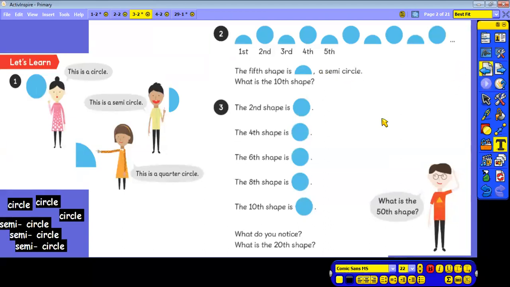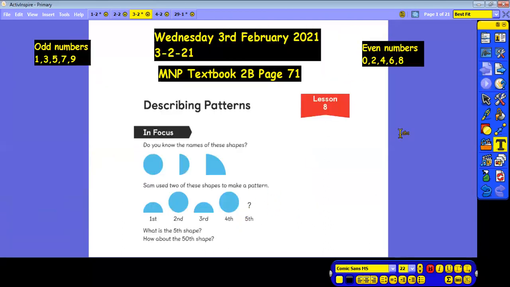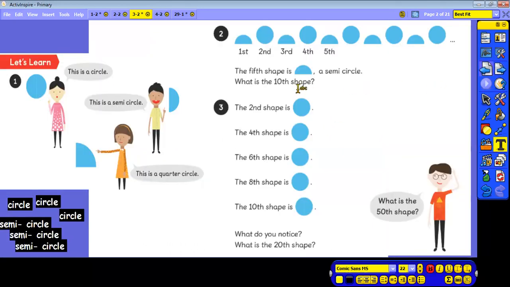Well, we'd figured that out from the pattern. So the next question is, what is the 10th shape? To help us, we've got the pictures of the semicircles and the circles here. So that's our 6th shape, our 7th shape, our 8th shape, our 9th shape, our 10th shape is a circle.